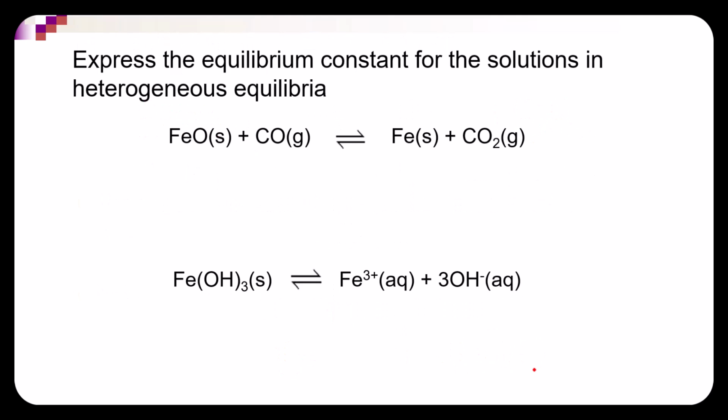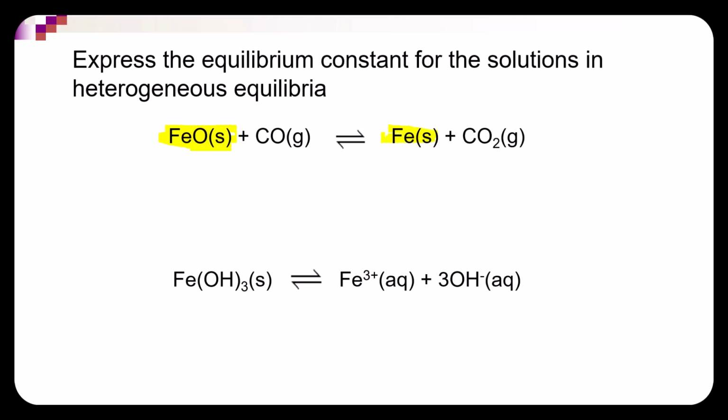Looking at a couple other examples, think about these two, and then I will pause the video, and then I will talk you through them. All right, so I'm just going to highlight the things that I would not include. Iron oxide here is a solid. That does not get included. And then iron here is a solid.